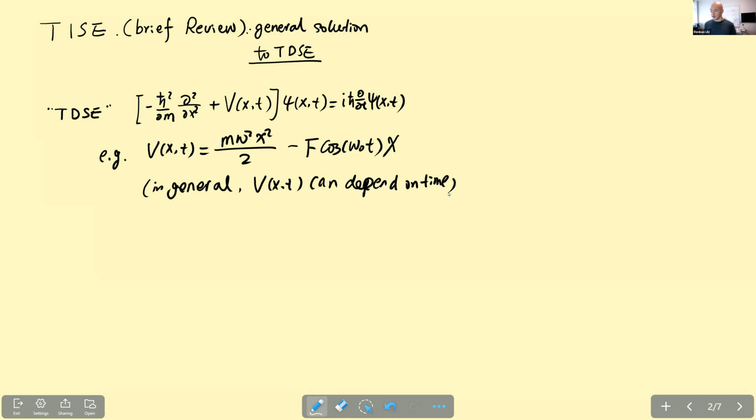But let us just consider a relatively simple case, V(x) independent of time.